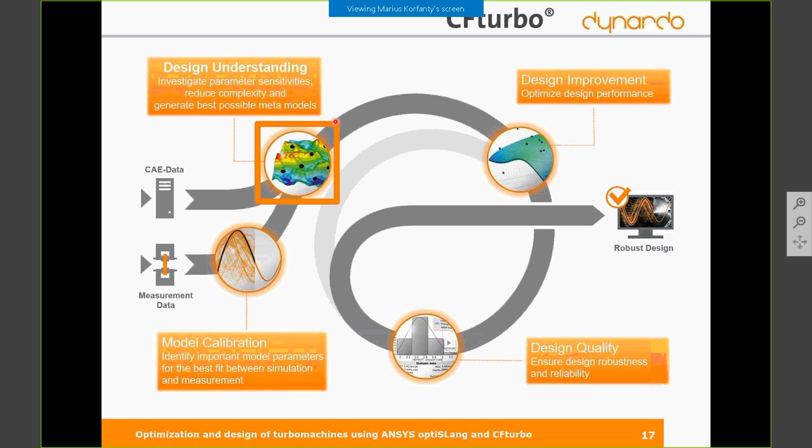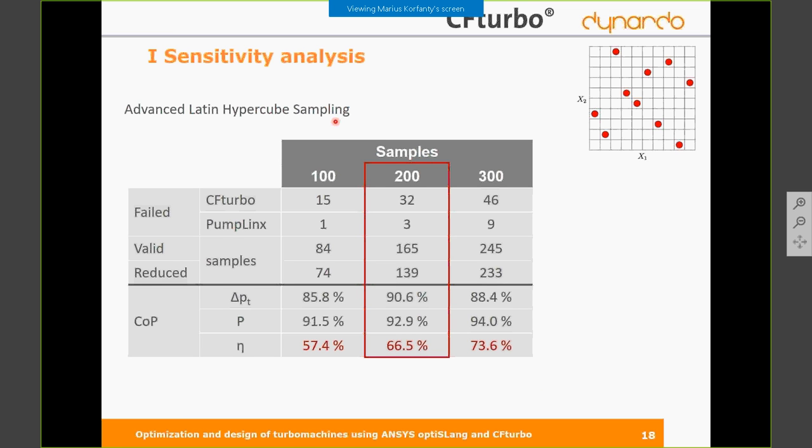Now the geometry and the optimization cycle have been designed, and the sensitivity analysis can be done for better design understanding. The main goal is to investigate the sensitivities of the parameters. The advanced Latin hypercube sampling was used to scatter the parameters in the design space. 3 analyses with different numbers of samples have been carried out.